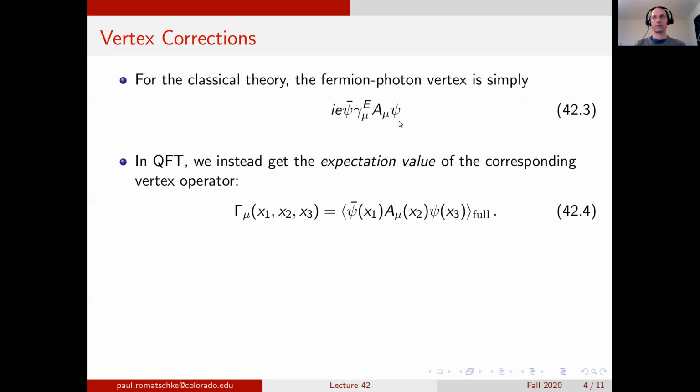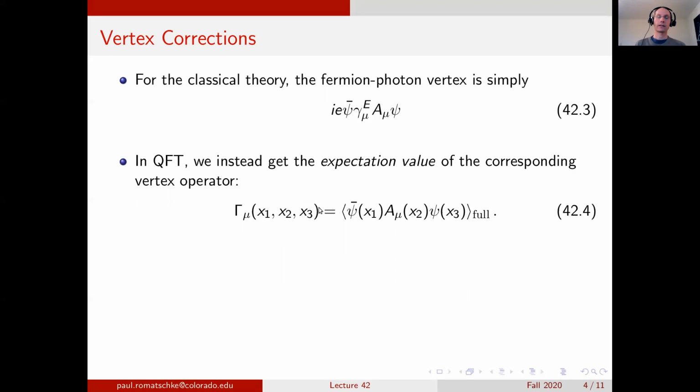And we have seen that in quantum field theory, if we have a classical concept, such as an operator that's given by this classical vertex psi bar A psi here, then in quantum field theory, that gets replaced by the expectation value of the corresponding operator.